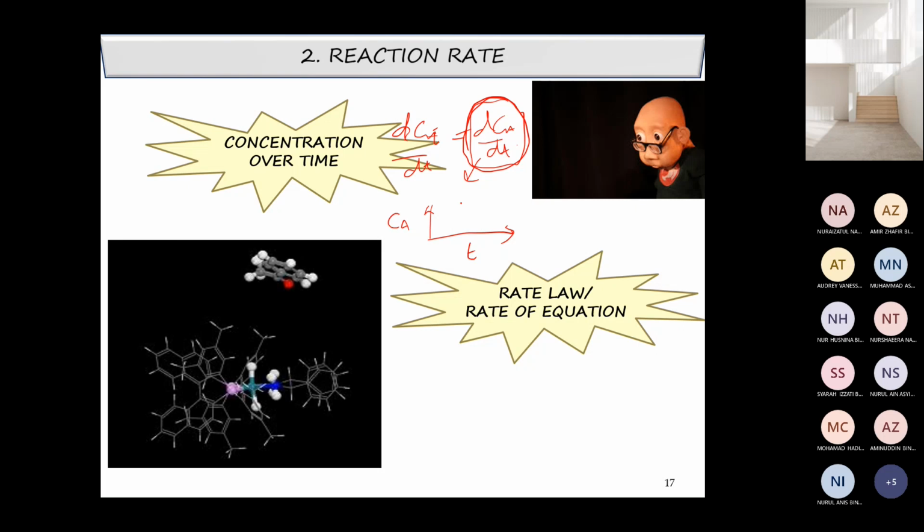From the software, we can calculate CA1 at T1 and CA2 at T2. So from there we can get the profile here. This is T1, this is T2. So that's why you will learn software. Once you have the equation, the rate of reaction, you can transform it into a concentration profile here.